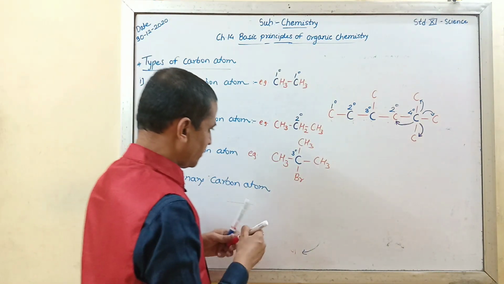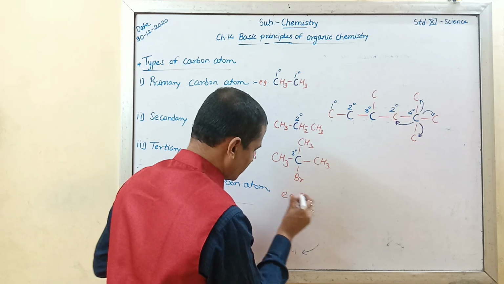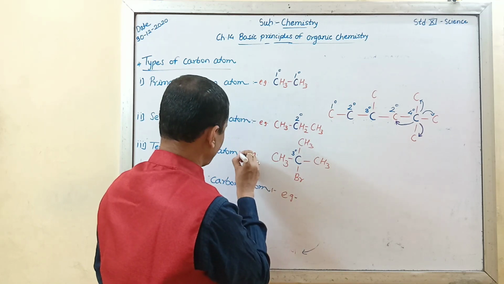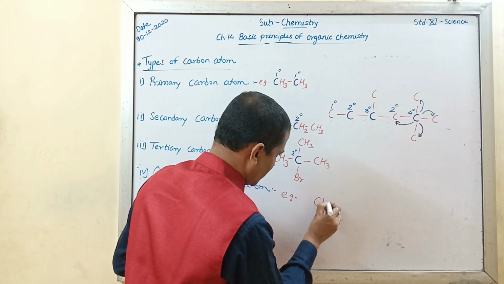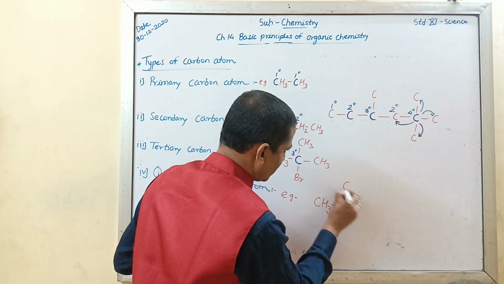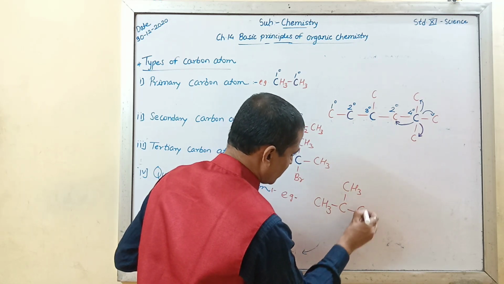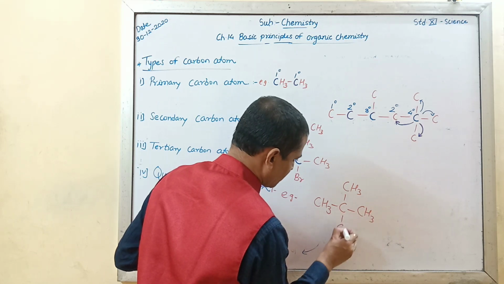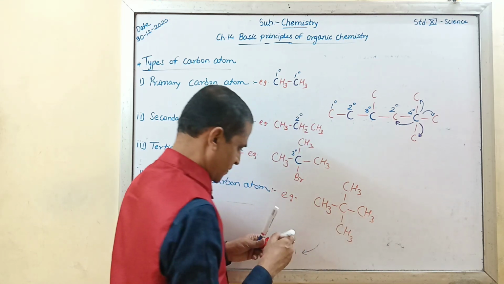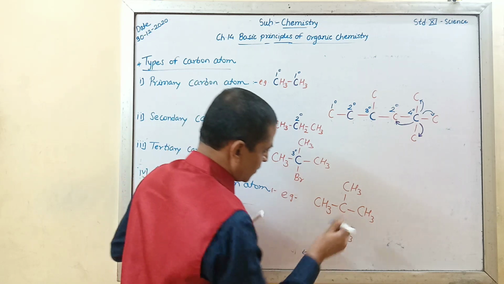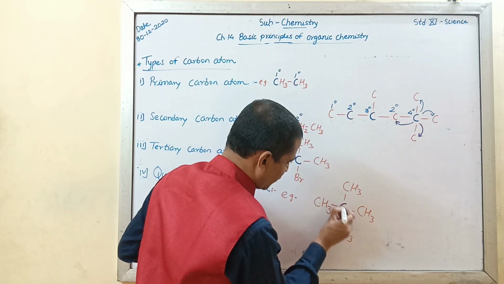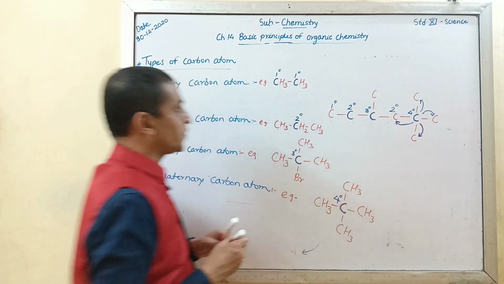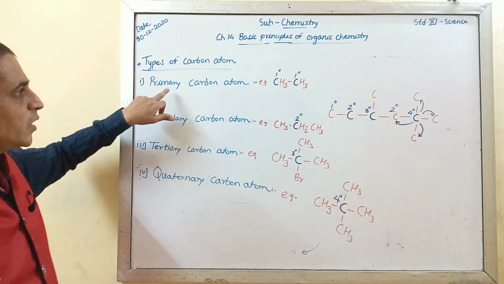See the example: CH3, C, CH3, CH3, CH3. Here, this carbon atom is what? Quaternary.